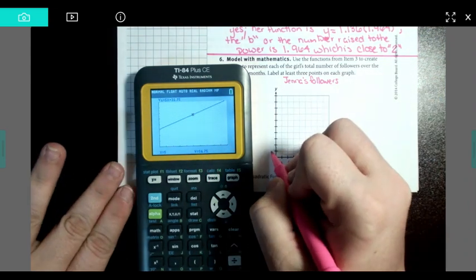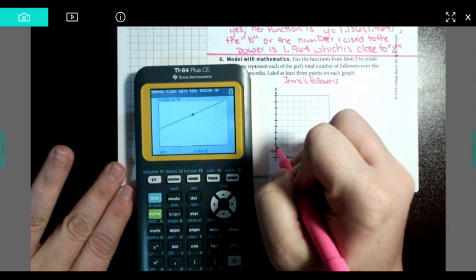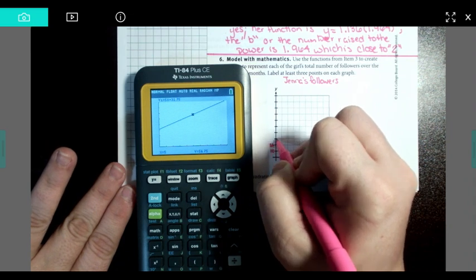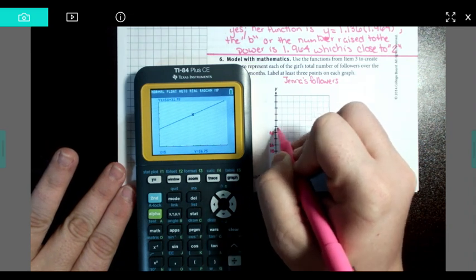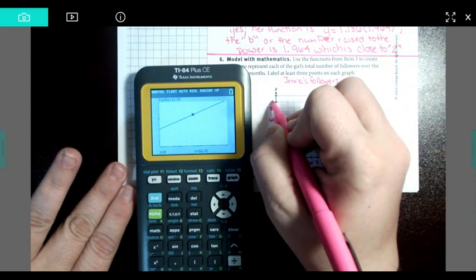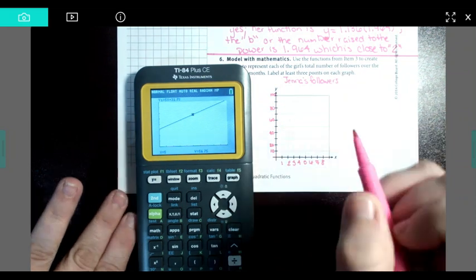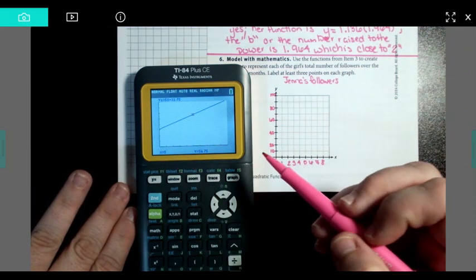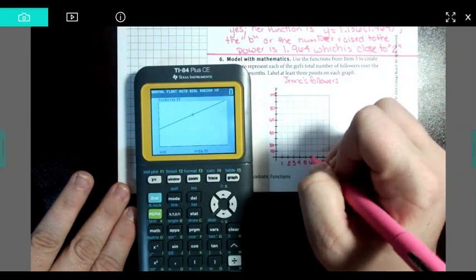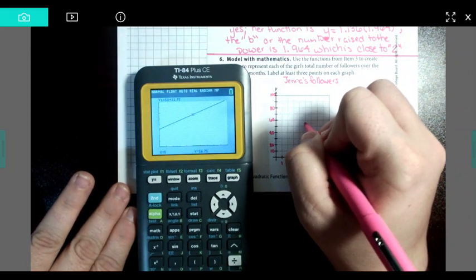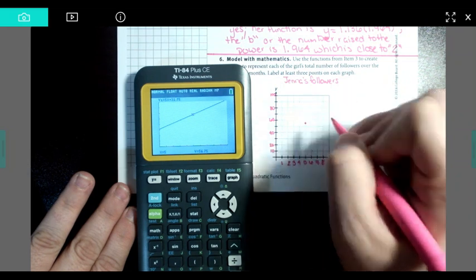So we need to count by 10s on here. 10, so it's 20. This would be 30. We're going to go 40, 50, 60, 70, 80, and up here would be 100, okay? So at approximately 5, we're at about 56. So somewhere right around there, right?